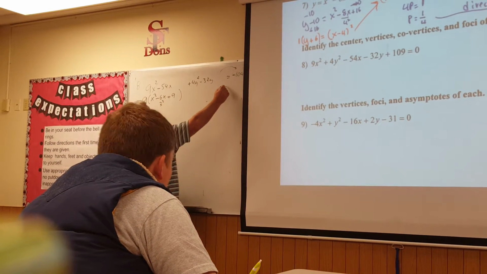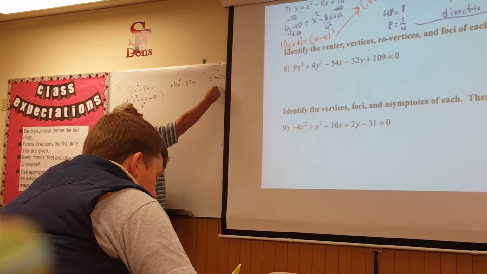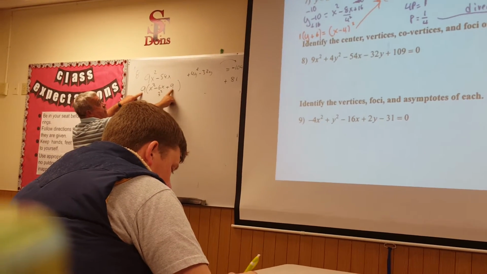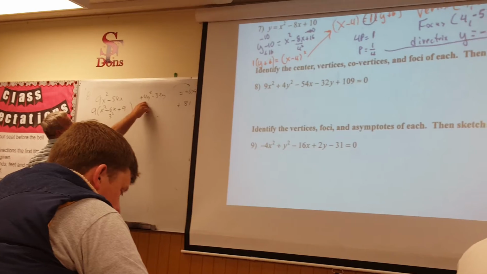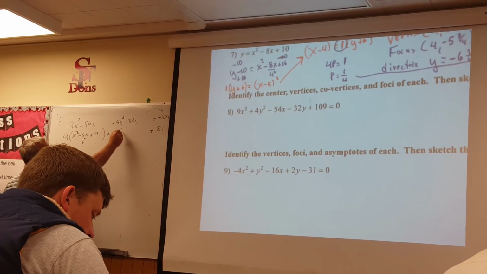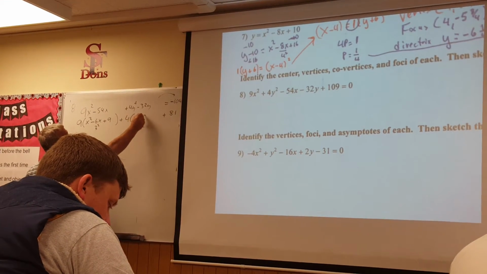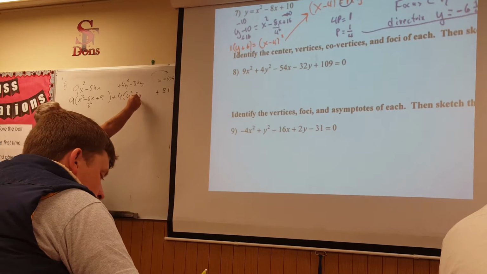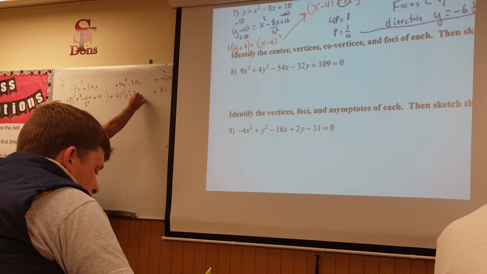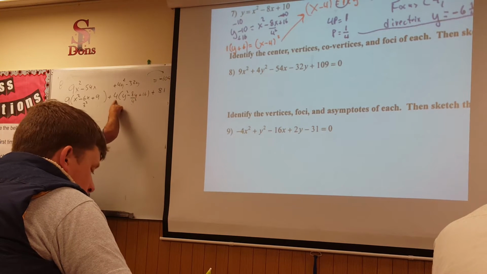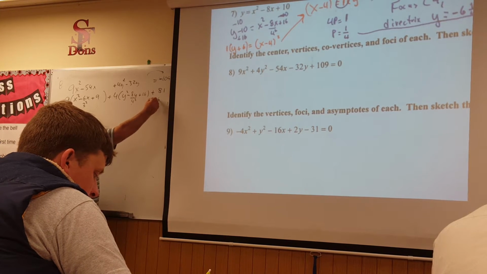So on this side, I add 81. 9 times 9. I take a 4 out of the y. That's y squared minus 8y. Half of 8 is 4, and when I square it, that's 16. 4 times 16 is 64.